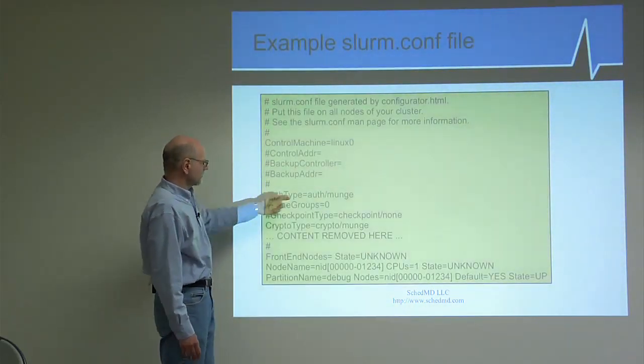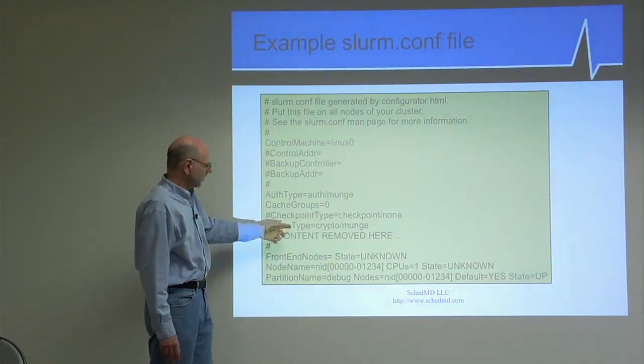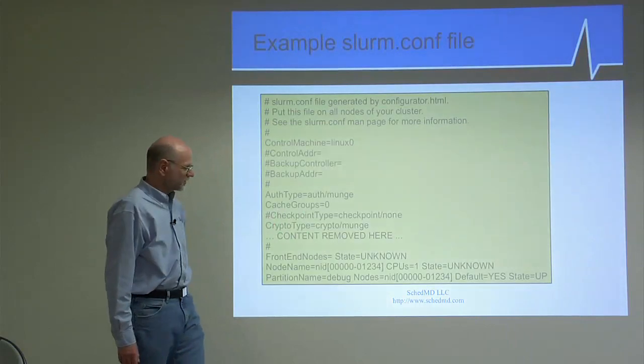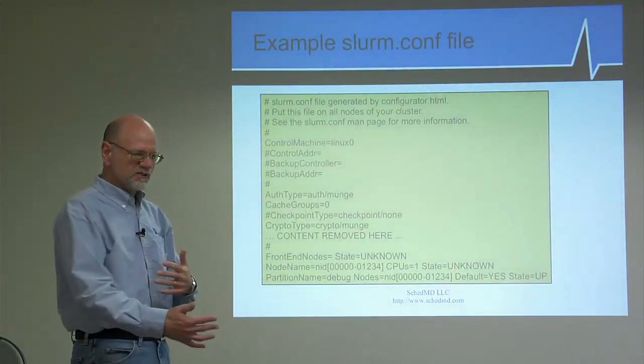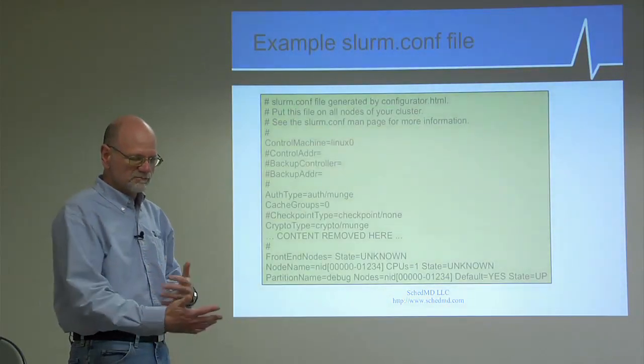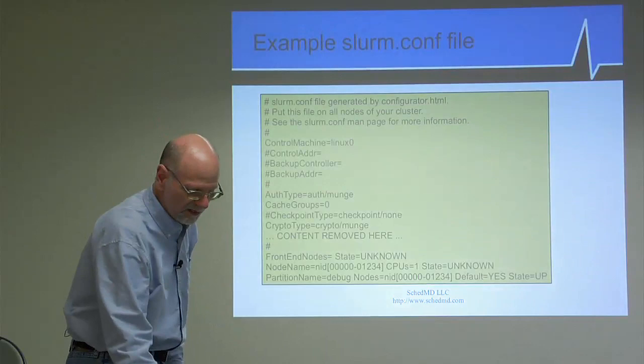It's defining, for example, here your authentication plugin, what you use for digitally signing, your crypto plugin, and several of the plugins can be stacked, so you can list multiple plugins that get called in a specific sequence.